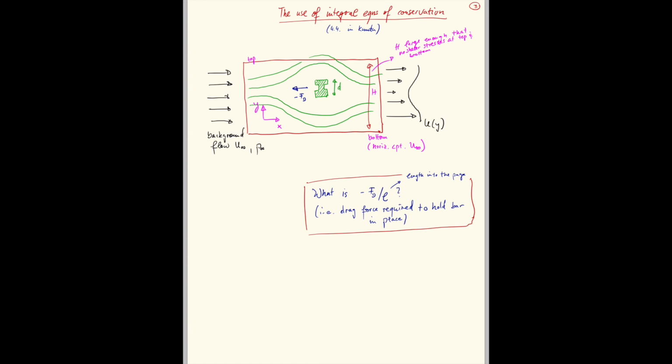And near the outlet here, okay, so this is the inlet, and this is the outlet, we have nearly horizontal streamlines again.